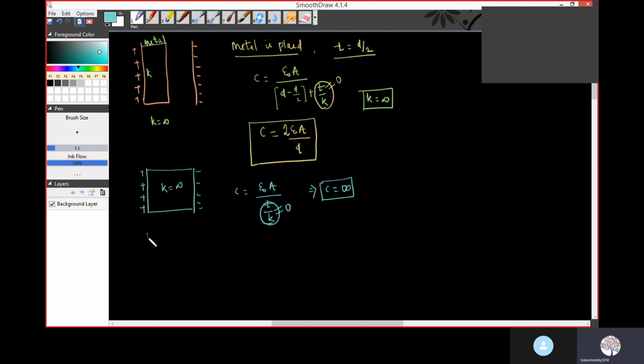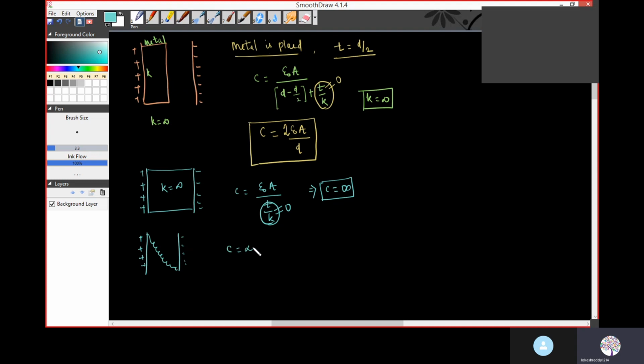If it is given like this also, it is infinity. Say this is plus and this is minus, and you connect them like this.